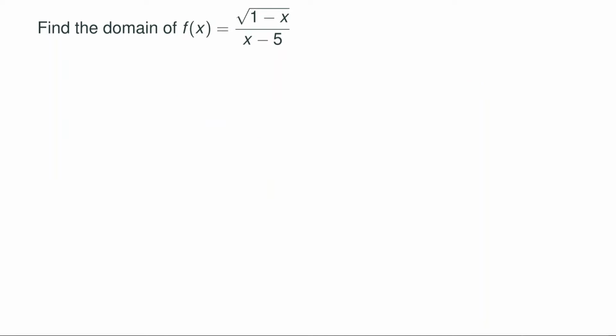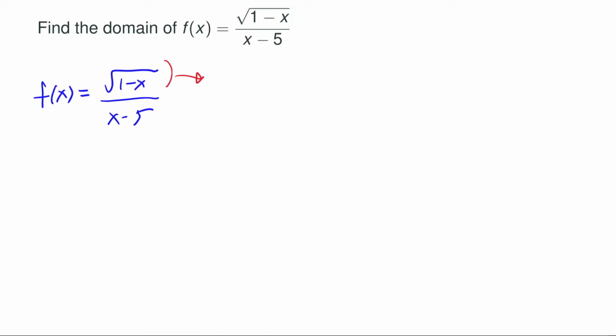Find the domain of the function f of x equals the square root of 1 minus x, over x minus 5. When we have an input variable in both numerator and denominator, we need to look at both top and bottom. So let's look at the top first.